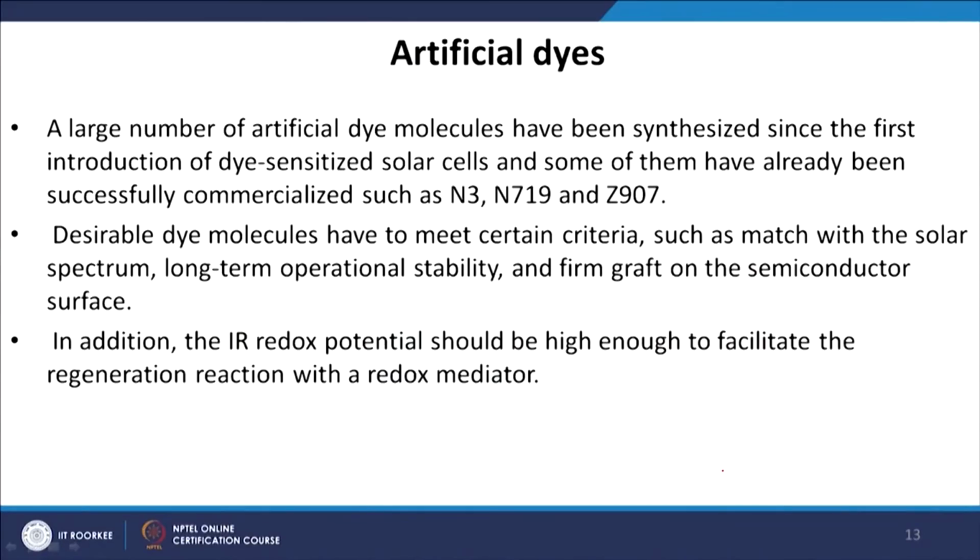In addition, the excited state redox potential should be high enough to facilitate the regeneration reaction with a redox mediator, and at the same time whatever dye molecule we choose, we have to choose the redox mediator accordingly, because this will be an oxidation reduction reaction, and finally the dye has to be regenerated to its ground state so that this cycle can repeat again and again.